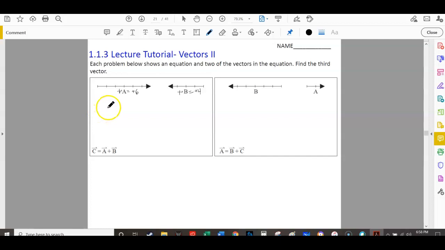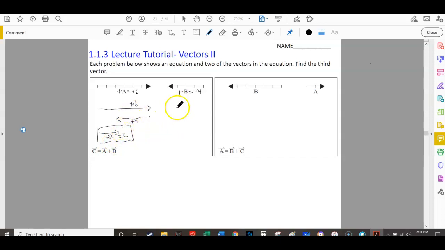So if we take this as positive 6 to the right, we have to do tip to tail and add to that 4 to the left, and that means the resultant vector is going to be positive 2 to the right. So this is what they're looking for.